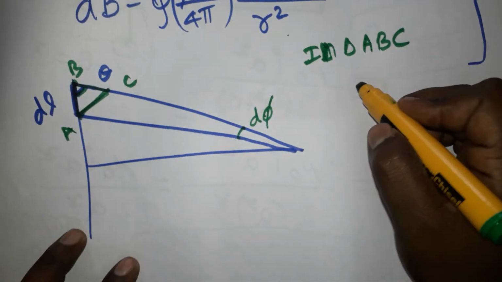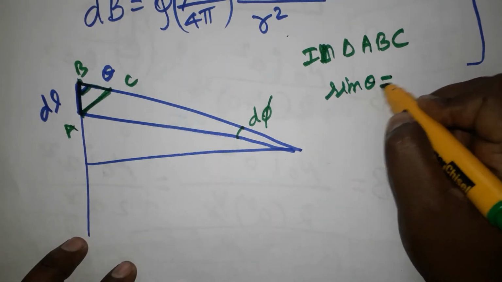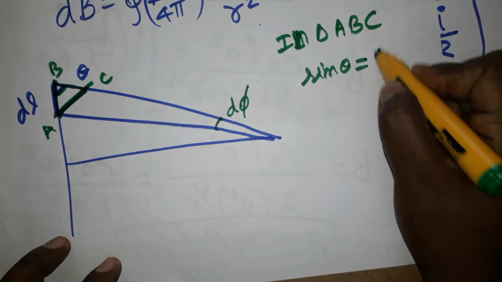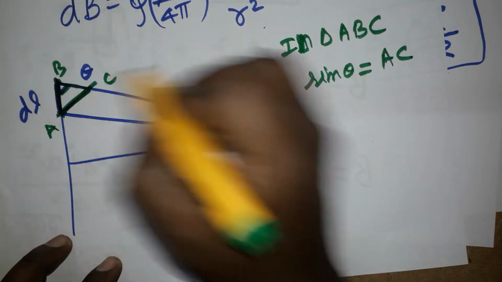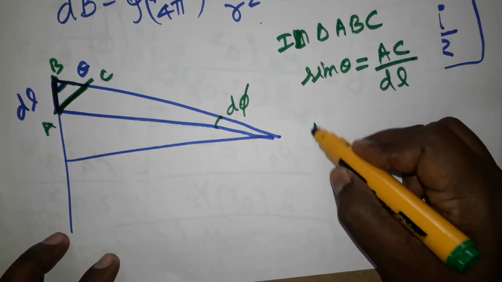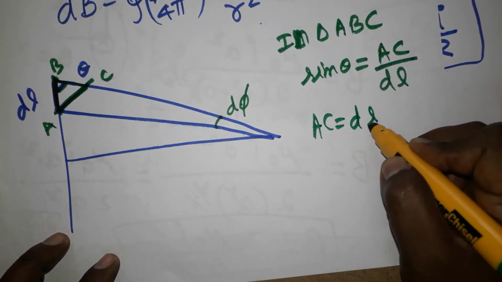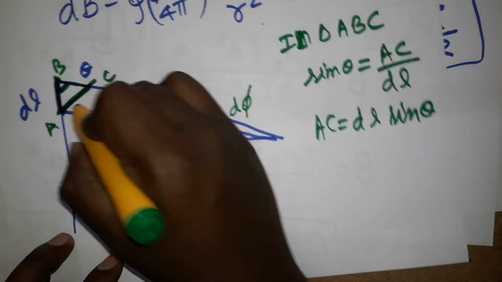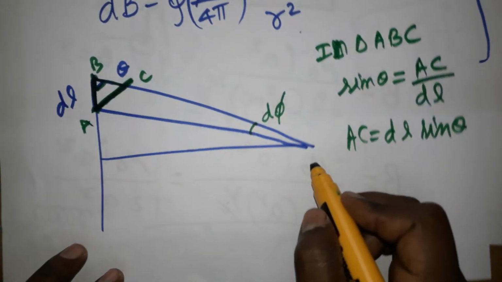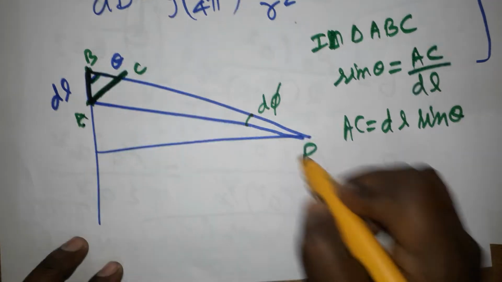This is theta. Sin theta is equal to opposite over hypotenuse. Opposite is AC, and hypotenuse is dl. So AC is equal to dl sin theta. I got AC. Then I take the triangle ACP.